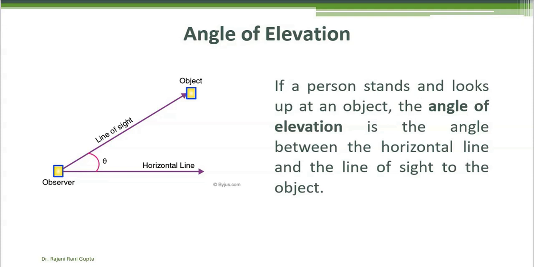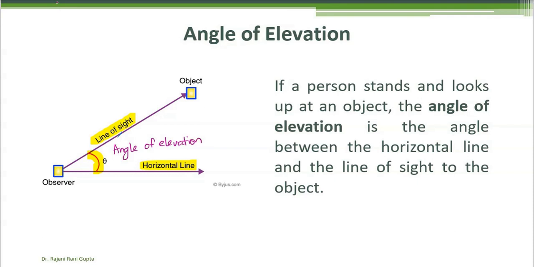From the observer to the object, if we draw the line, we call it the line of sight. Horizontal line means, if the observer is looking straight, that's the horizontal line. The angle that the line of sight makes with the horizontal line is called the angle of elevation. This is the angle of elevation.